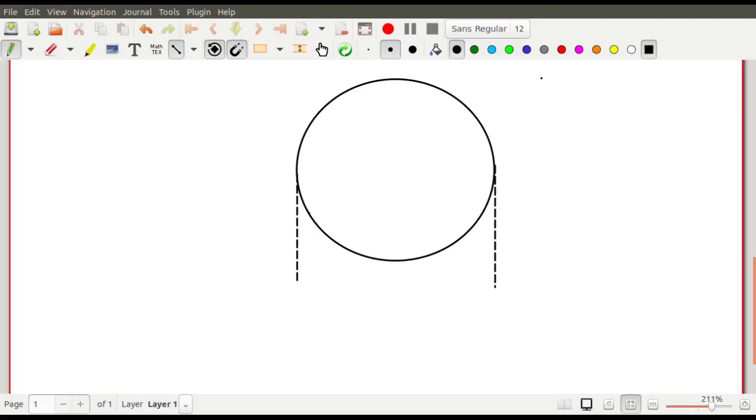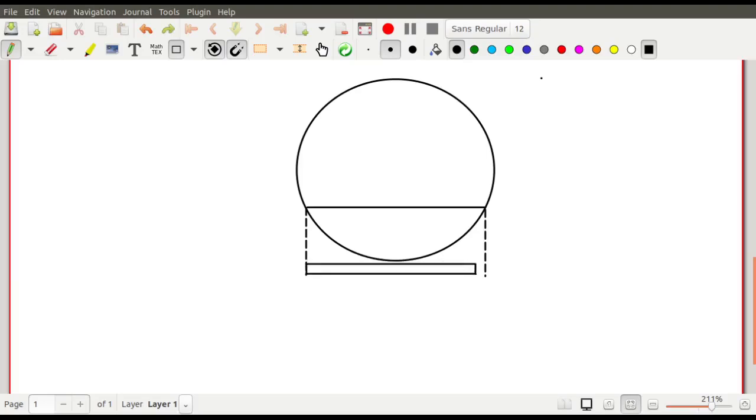Actually the lens should be taken somewhere from here. Okay, now it's fine. This is my thin film.